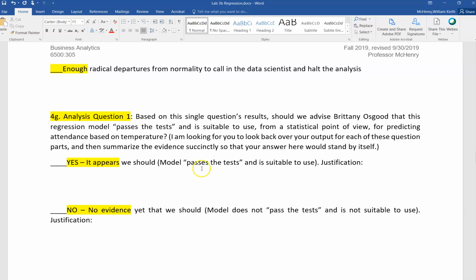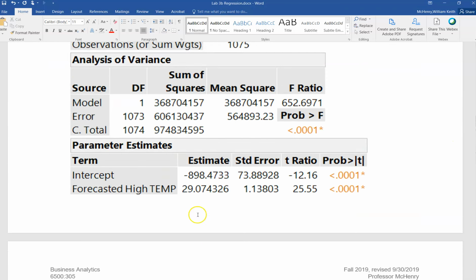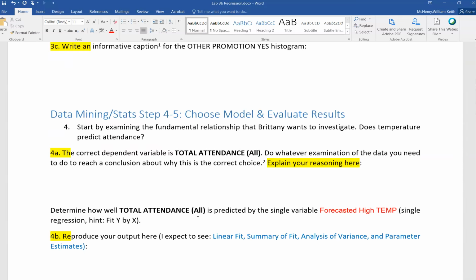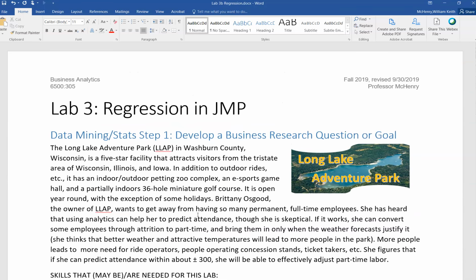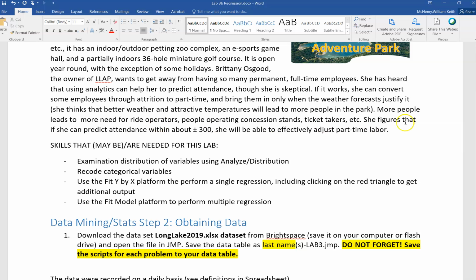So we can say that the model passes the technical tests with a slight caveat about the residuals, and does it pass the business test? So at this point the question is whether or not you noticed in the lab what the standard for the business test is, and that comes right at the end of this first paragraph here where it says she figures that if she can predict attendance within about plus or minus 300, she will be able to effectively adjust part-time labor.